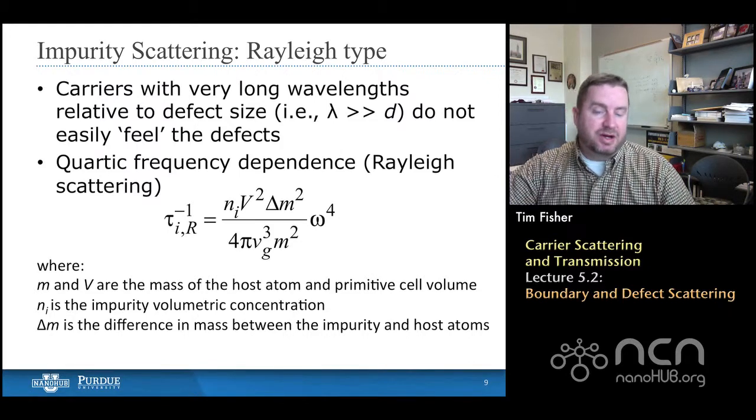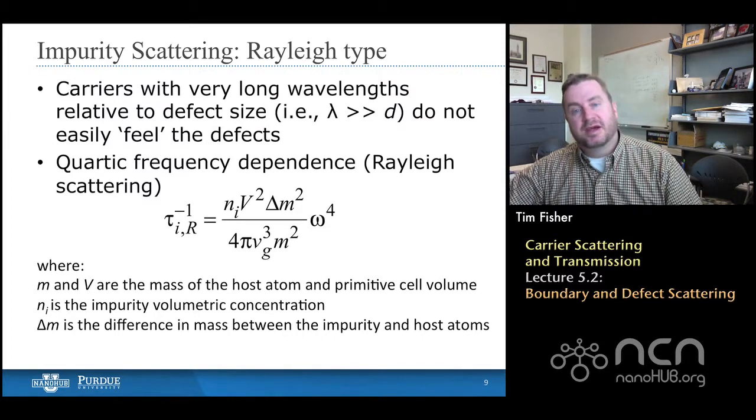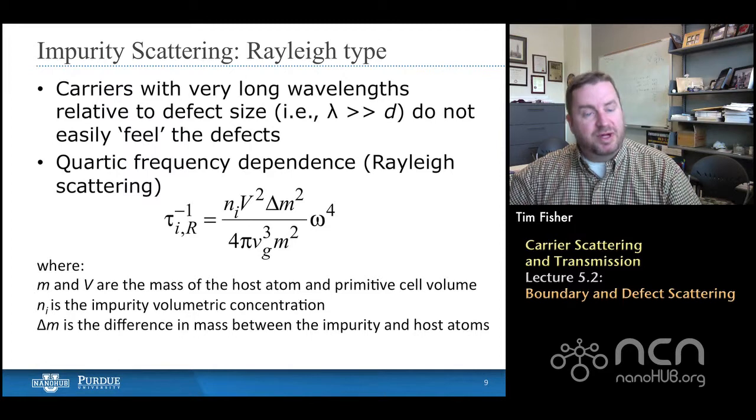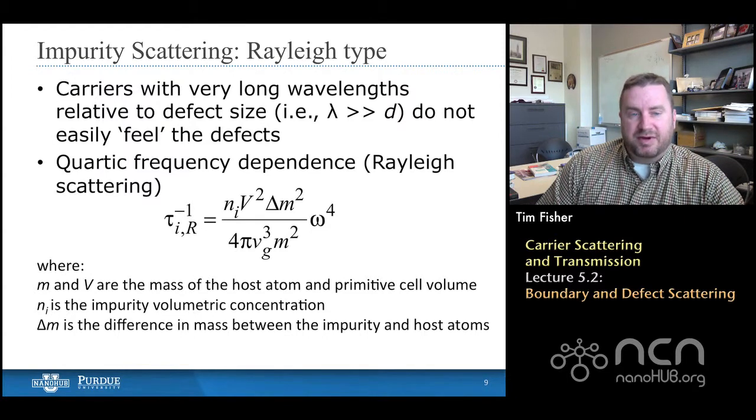This is Rayleigh scattering, which is a well-known concept in the study of electromagnetic radiation and photon transport. But generally speaking, we're interested here in considering the case when the carrier wavelength is much, much larger than the size of the defect. That's that d that we talked about before.